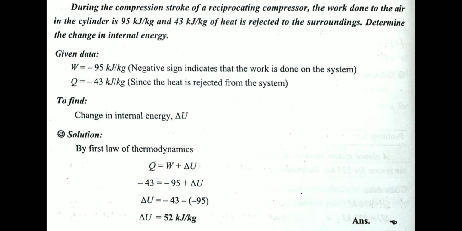Work is supplied to the air, so it is a negative sign. It is given in kilojoule per kilogram, specific work done. As it is work input, I put it as a negative sign.